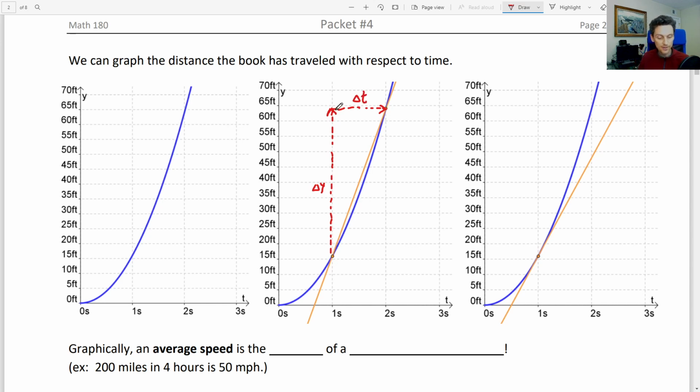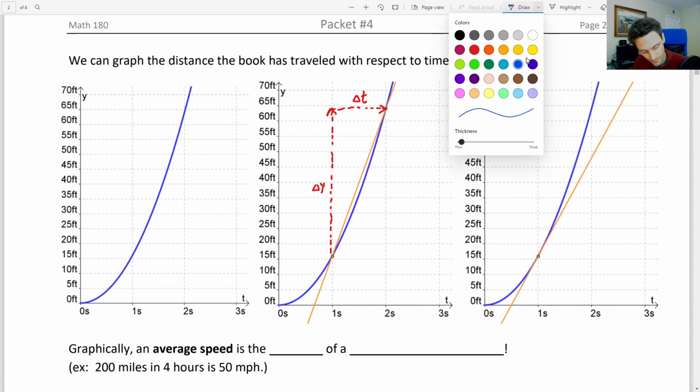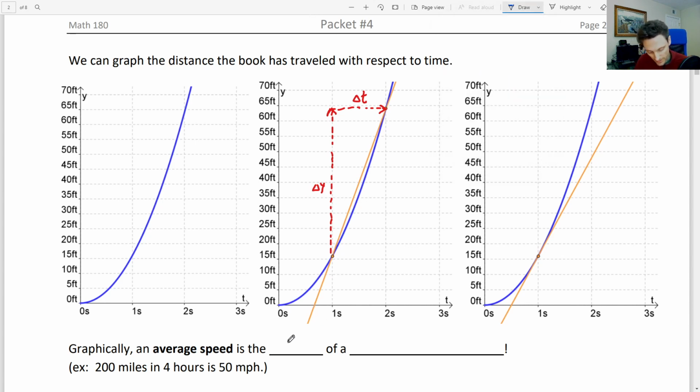It's like rise over run. Delta y is the change in distance, which is the rise, and delta t is the change in time, which is the run. So we're calculating the slope of this line, and this line that goes through 2 points on the graph of a function is called a secant line. So graphically, an average speed is the slope of a secant line.